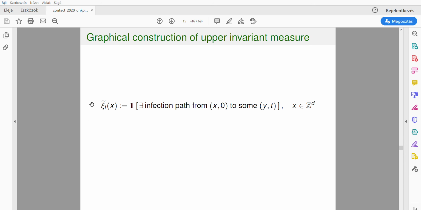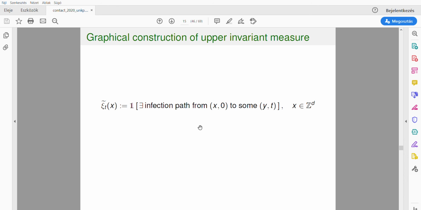Let me define psi tilde t of x to be the indicator that there is an infection path from x, 0. So you remember, infection paths are these paths in space-time. So there is a point in space-time whose space coordinate is the site x and time coordinate is 0.